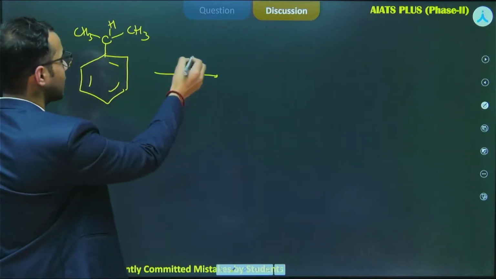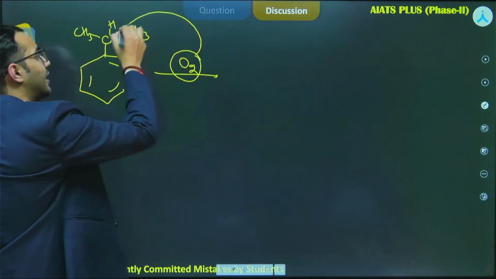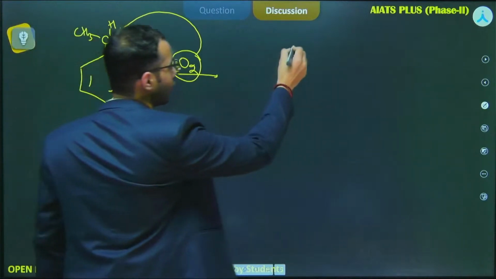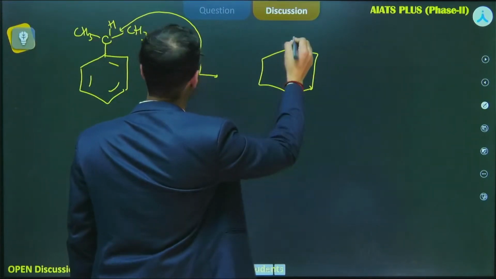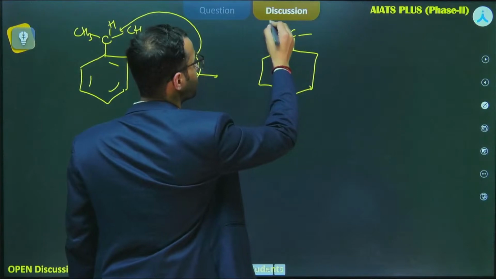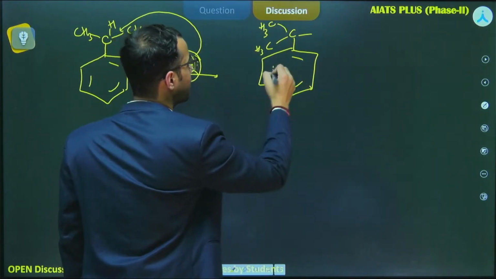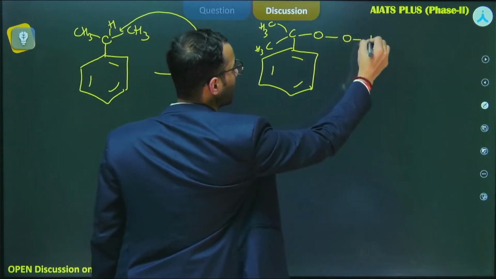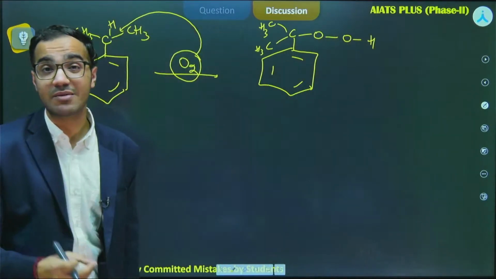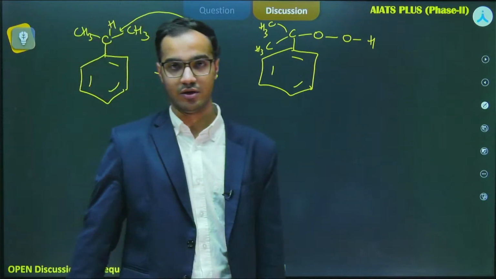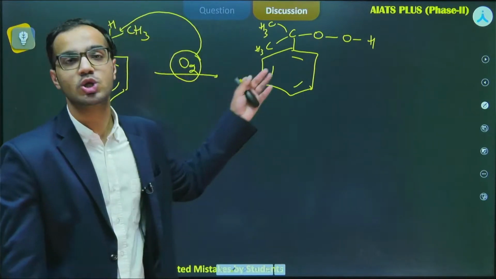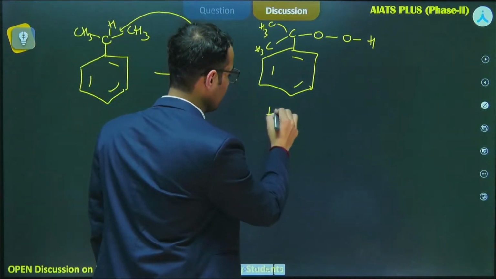You are getting this oxygen added at this position, and you will get, see, here the CH3 is already present, CH3OOH. This is the intermediate which is formed over here, and we can say that this is cumene hydroperoxide.